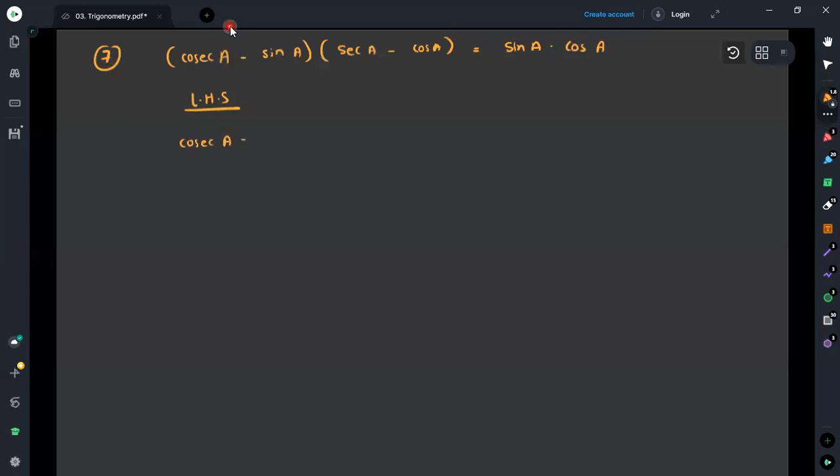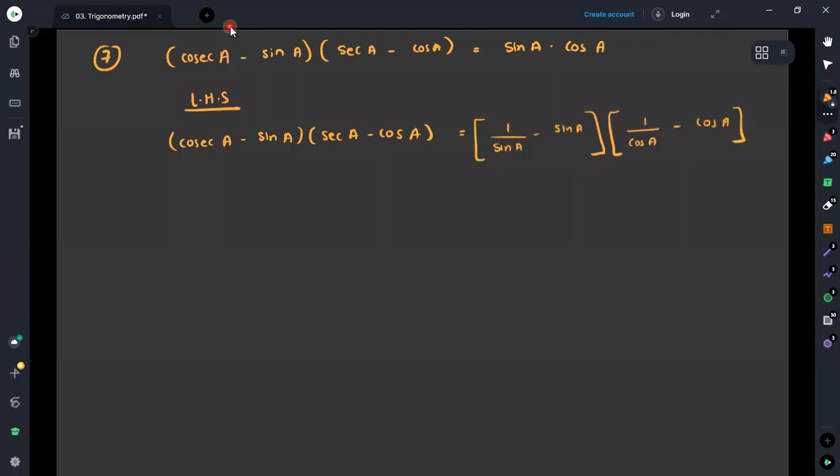You can see that cosec A minus sine A multiplied with sec A minus cos A. Using the reciprocal identity, we can take cosec A as 1 over sine A, minus sine A. And then we can take sec A as 1 over cosine A, minus cosine A. Therefore, if you take the multiplication of the brackets, considering the common denominators, we may be able to obtain this quantity. Anyhow, we have to try for it.